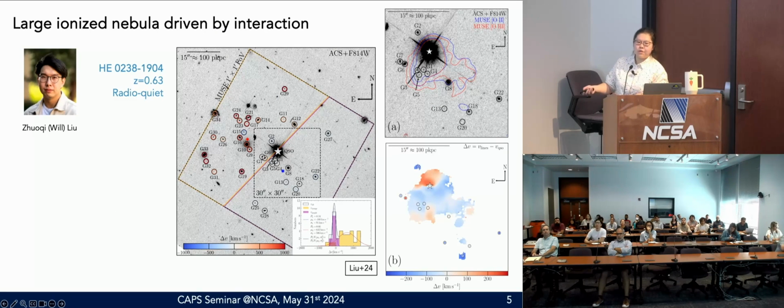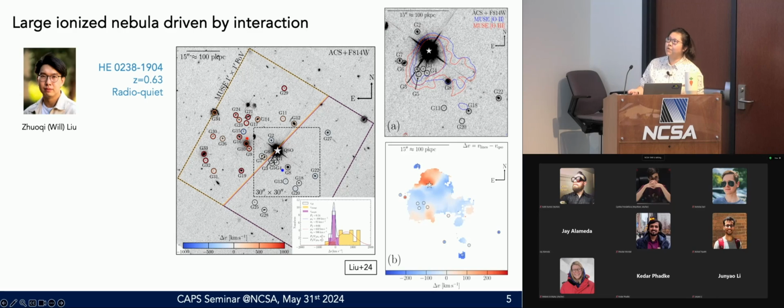Another example here is a radio-quiet AGN at redshift 0.6. In this group, we mostly see an interaction-triggered ionized nebula. The ionized nebula in [O II] and [O III] is shown in the upper panel, and it coincides with the direction where we see two different groups of galaxies in the host galaxy group.